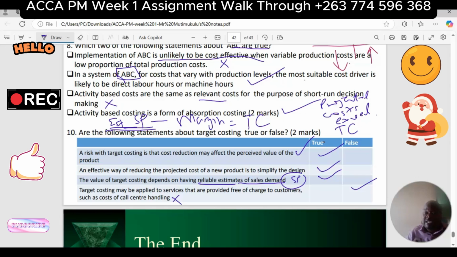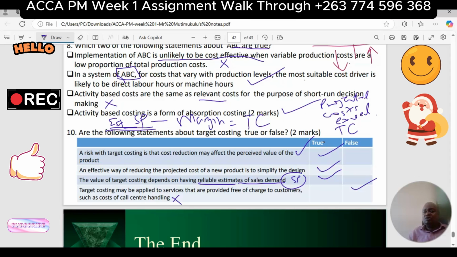So the last option is wrong, because it says target costing may be applied to services provided free of charge to customers, such as call center handling. That is false, because, one, target costing needs a selling price, which means the service is not going to be provided for free.